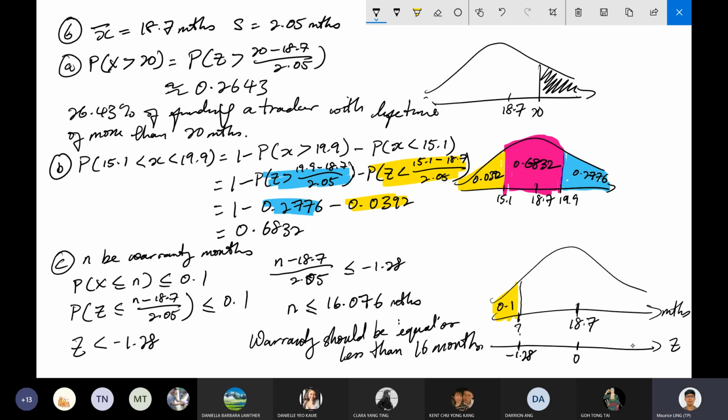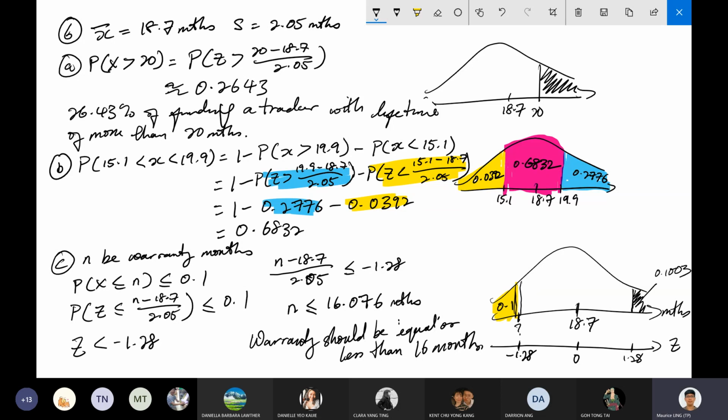Because what you have here is 1.28, the area here is 0.1003. Okay. Yes, 1.29 will be lesser. It's actually 16 months or less. So in fact, you can give up to 16 months. That's what you're trying to say. So both are fine.